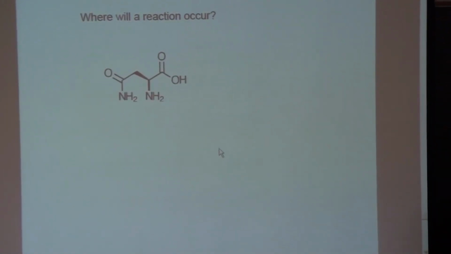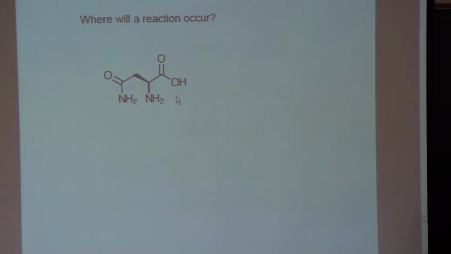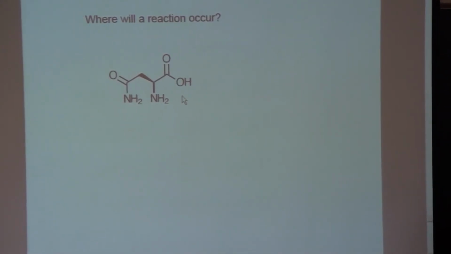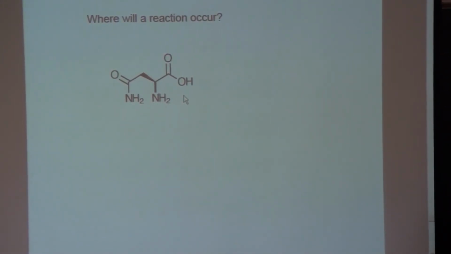Okay, let's keep on going. This is one of the amino acids, I can't remember which one. So, where will the reaction occur? It's not everywhere. So figure out where the reaction occurs, then we'll look at what reagents react with it.